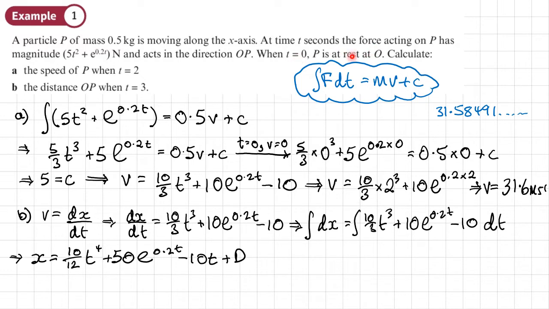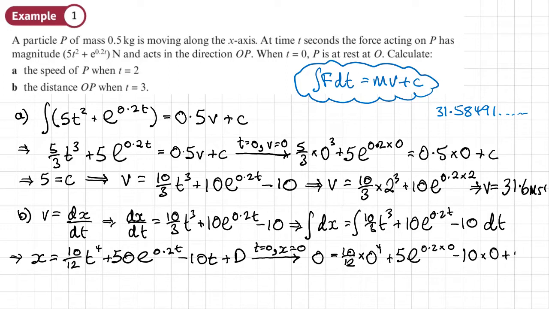When t is 0, x is 0, so that's what we'll substitute in. t is 0, x is 0, so we'll have 0 is equal to 10 over 12 times 0 to the power 4 plus 5 e to the power 0.2 times 0 minus 10 times 0 plus d.